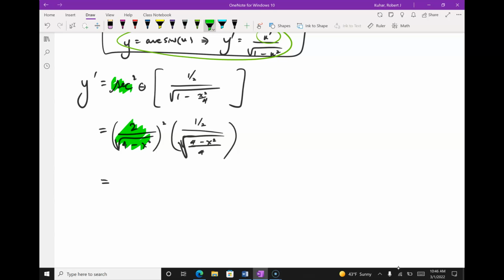So then I'm going to just clean things up as much as I can. When I square this, I get 4 over 4 minus x squared. I still have a 1/2, but I'm going to take out that 4 from the square root, which is a 1/2. Agreed? This 4 in the square root came out as a 2.